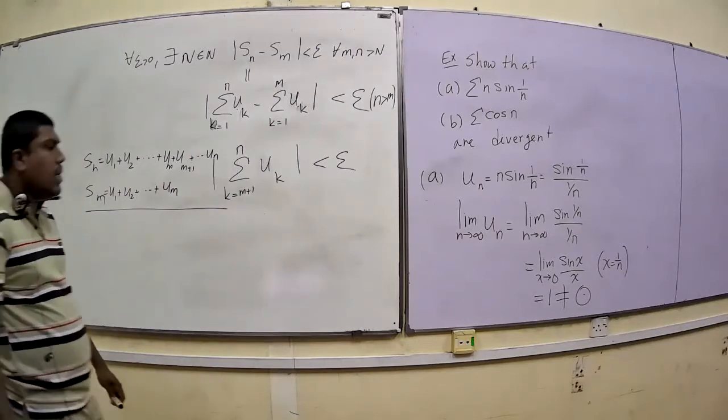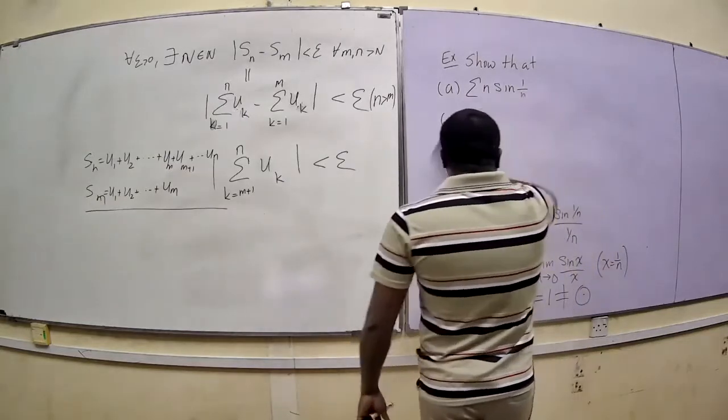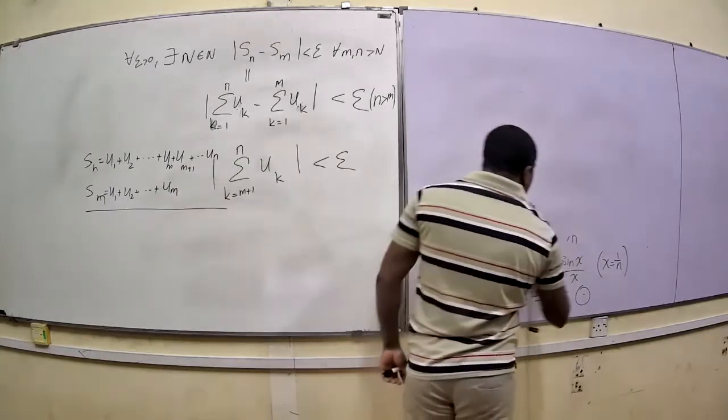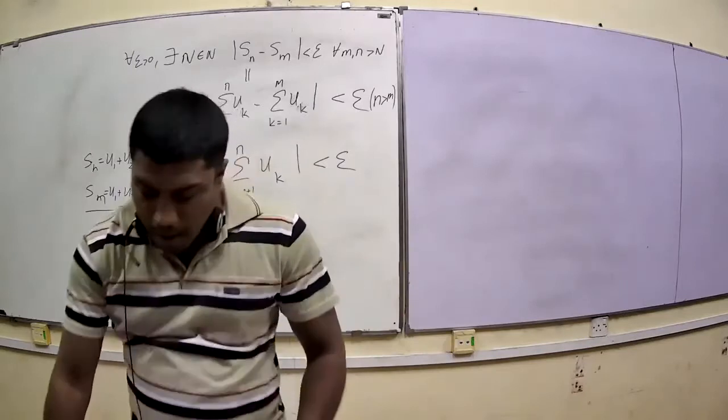By using this Cauchy condition, we are going to write the convergence results associated with the Cauchy criterion, so we will write it as a theorem.